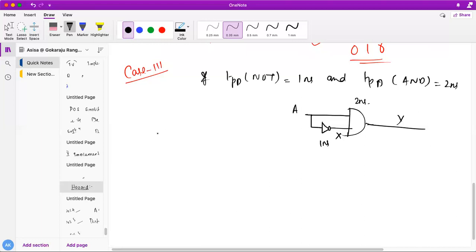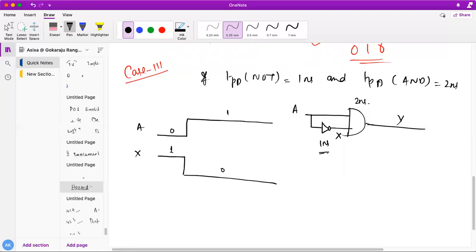As we know, A is like this. So this is my A, which is 0 and 1. Now X will be the inverted output. So this is my inverted output X, which is 1 and 0. I am expecting X like this, but what will happen?